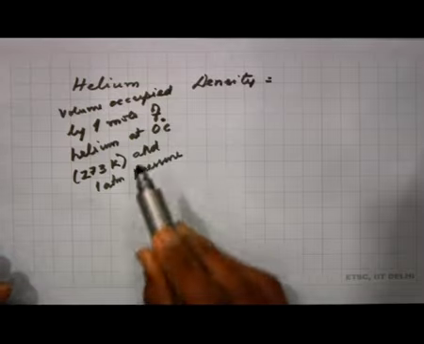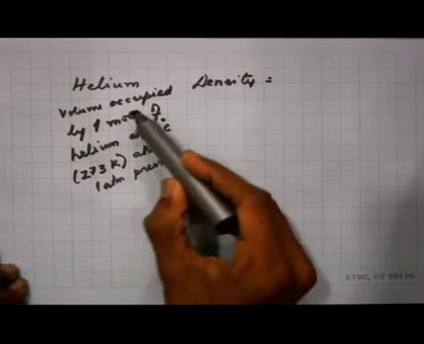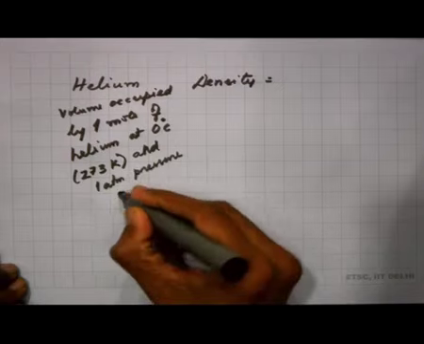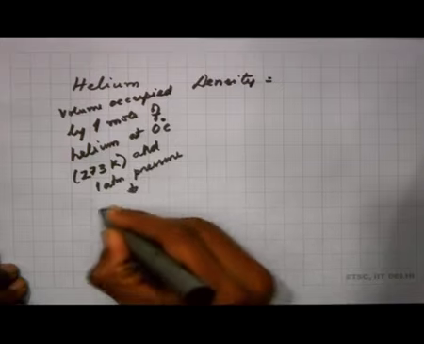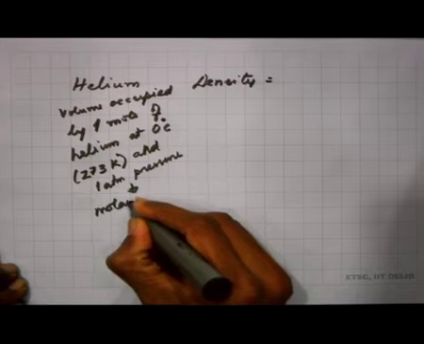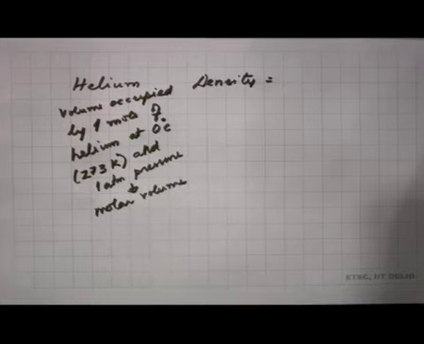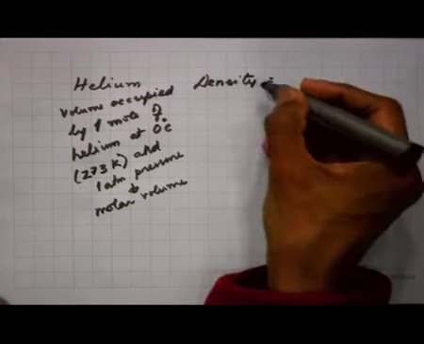This has a particular name, because it is the volume occupied by 1 mole of this; it is called the molar volume. And how do we determine the molar volume?